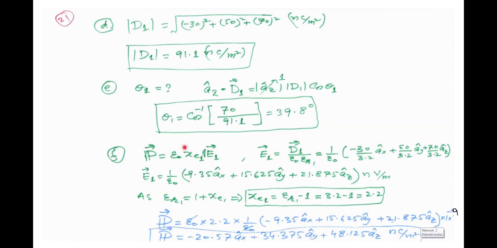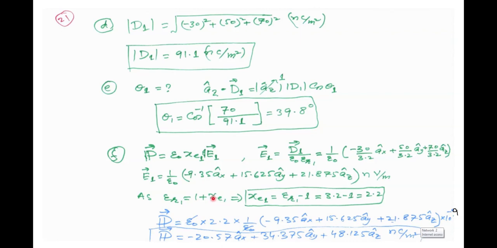The polarization relation is given by this one: epsilon naught times chi E1, where chi E1 represents the susceptibility of material 1. So from the given D1 field we can easily define the E1 field, which is given by this relation, dividing by the dielectric constant of material 1, which results in this expression in nanovolt per meter, as epsilon r1 is equal to 1 plus chi E1.